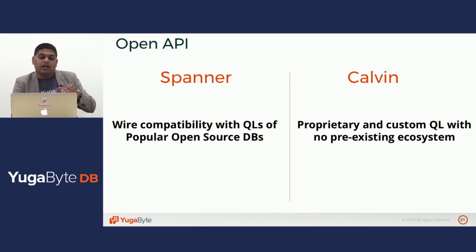Calvin, on the other hand, which is FaunaDB, uses a proprietary and custom query language with no pre-existing ecosystem to give the developer the productivity that is needed on day one, and actually leads to significant vendor lock-in on day 2 as you want to expand your database investment.